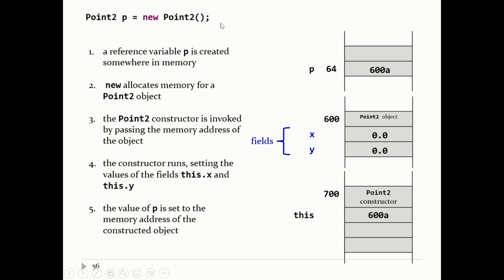If this was a C program, this would be a pointer. You'd have to call malloc, check that the return value from malloc is not null, and then you can go in and set x and y. So that one line hides all of the memory allocation that would normally happen in a C program.